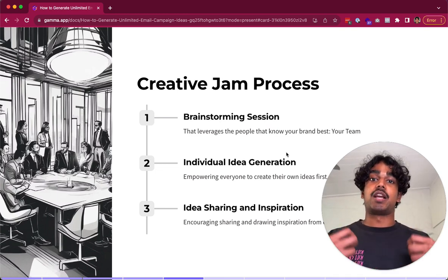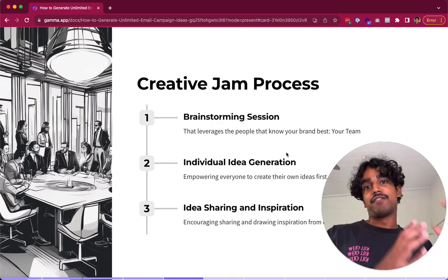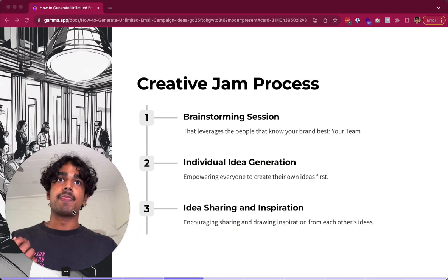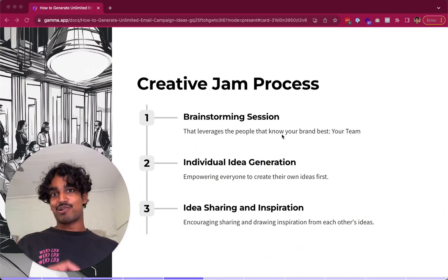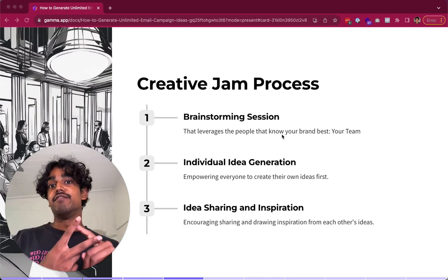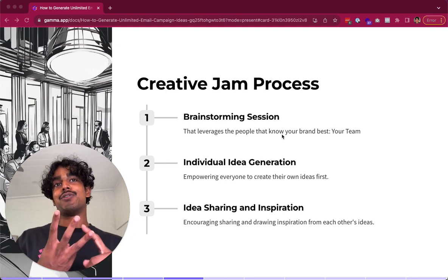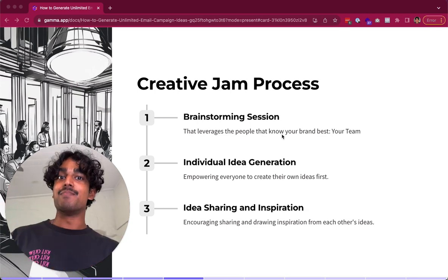Everyone has a chance to express their own individual creativity while also leveraging the best part of brainstorming, which is building on ideas. It leverages the people that know your brand best, the team. It also gives everyone a chance to express their individual views first, and then you can also build on other people's ideas, which is the best part of working in a team.